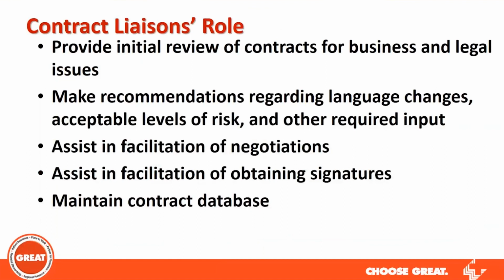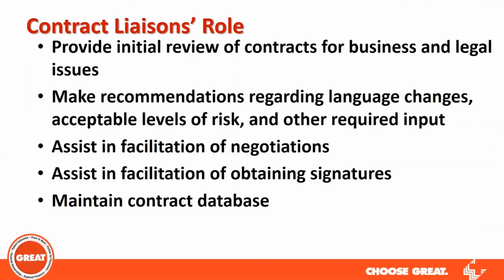All right, as many of you are aware, we have contract liaisons to help facilitate the contracting process, so it's good to point out exactly what their role is in contract reviews.